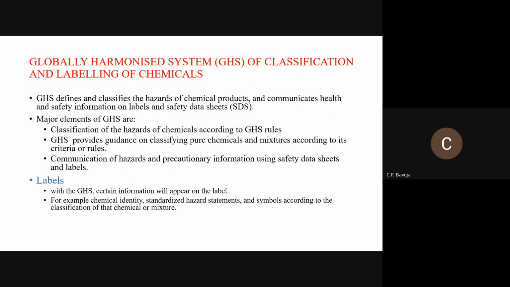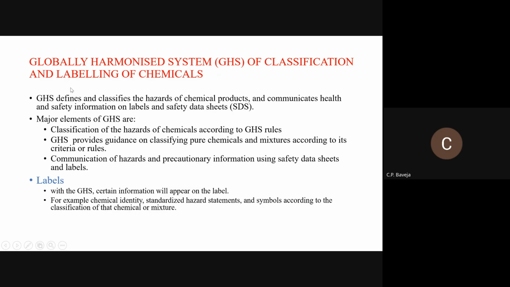Then the Globally Harmonized System, or GHS, of classification and labeling of chemicals. This GHS defines and classifies the hazards of chemical products and communicates health and safety information on labels and safety data sheets. The idea is that if you have safety information on the labels, then you will be careful.